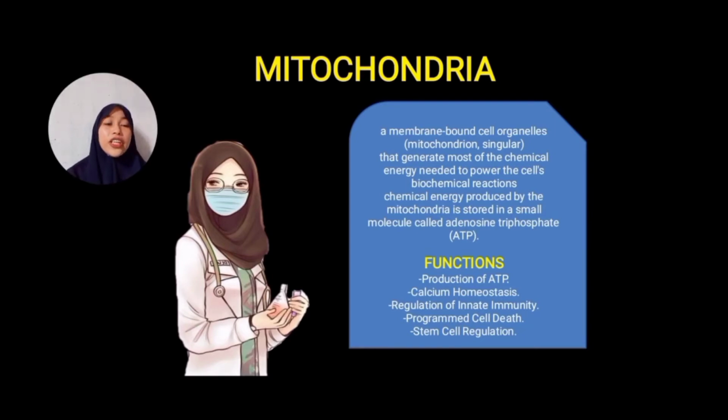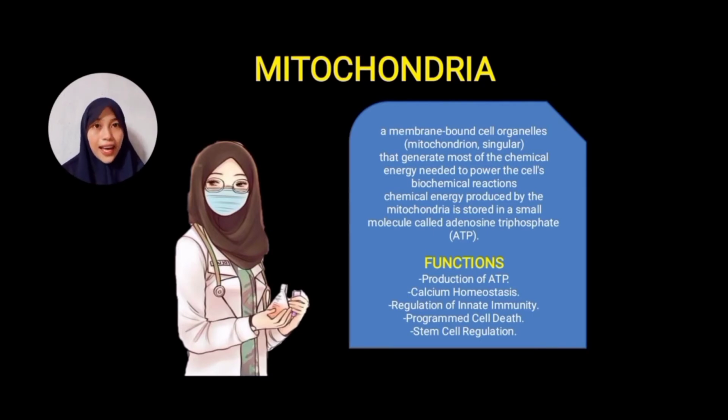The third one is the regulation of innate immunity. Innate immunity plays an important role in the mammalian immune response. Research demonstrates that mitochondrial DNA activates several innate immune pathways, which contribute to the signaling platform and result in effector response.